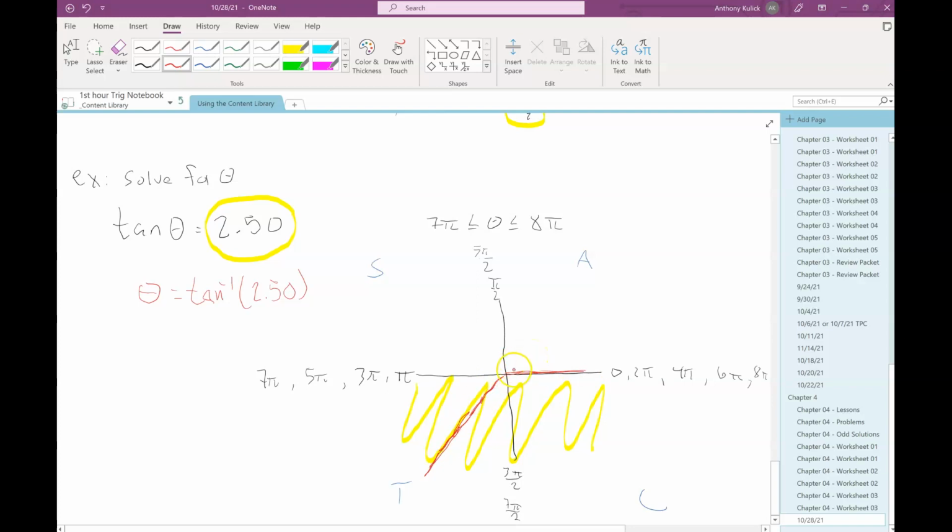And really this angle is 2 pi, 4 pi, 6 pi, and then that's my angle theta. Everybody's okay there? And then my angle alpha is that angle, right? Always between the terminal side and the x-axis.